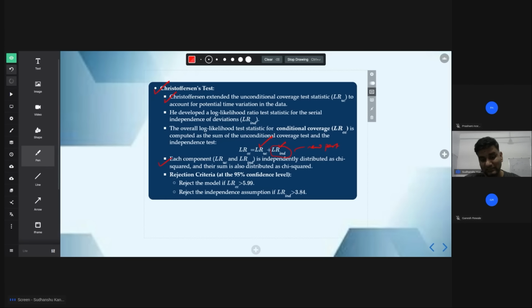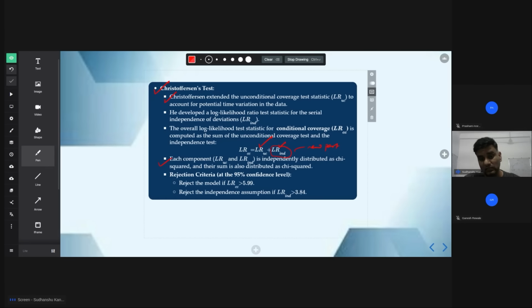LRIND checks if the exceptions are independent or clustered. So you have two factors: one checks the number of exceptions, which is unconditional, the other checks independence, which is conditional. Combined, you get conditional coverage.